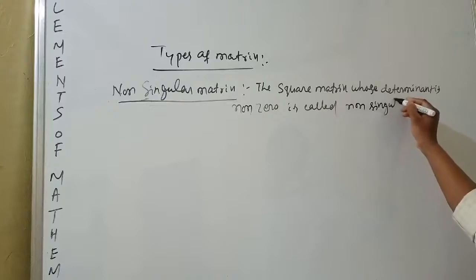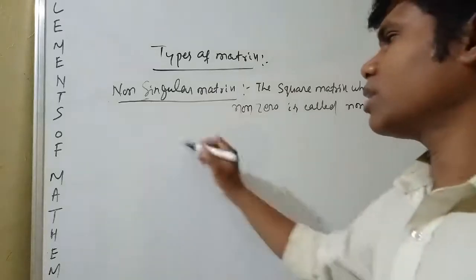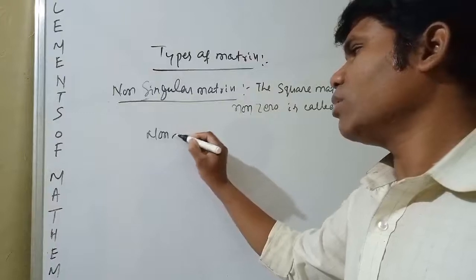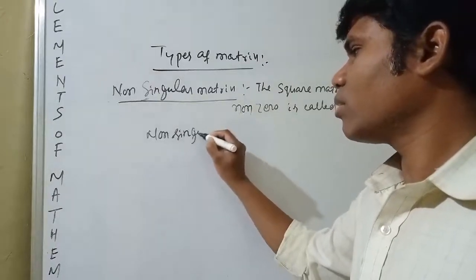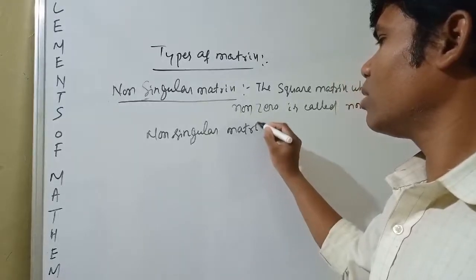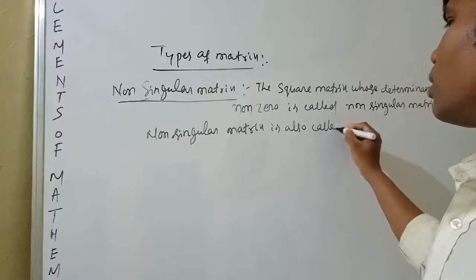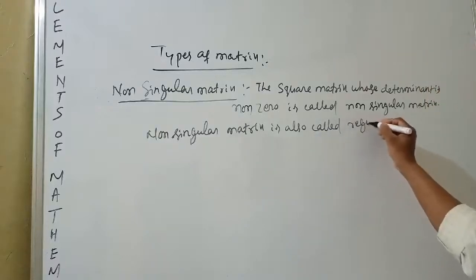A non-singular matrix is also called a regular matrix.